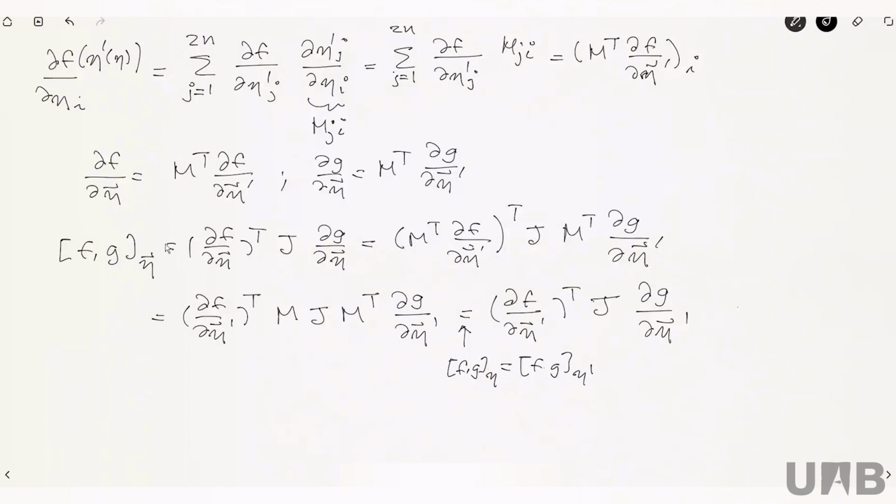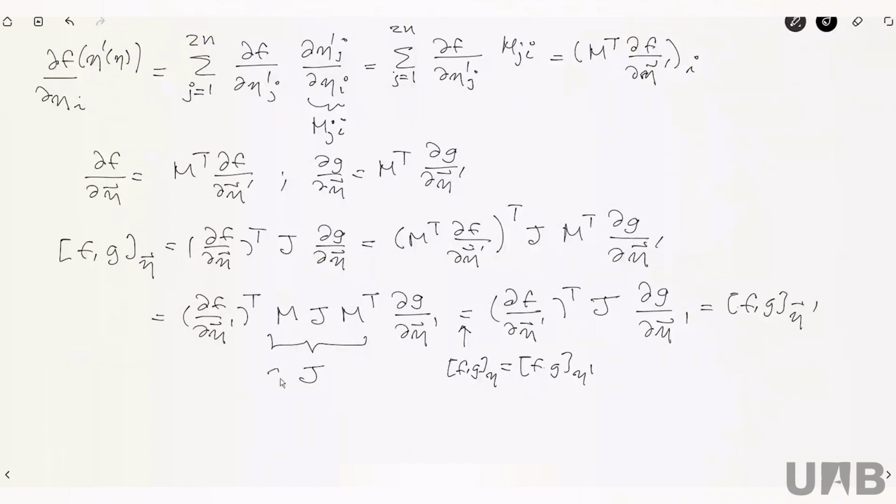Because then this would have to be this, and this is precisely the bracket with respect to eta prime. Now, if this thing here is J, okay, then this is true. If this is J, this equals that, and then it's the same. So that means that if the transformation is canonical, then the Poisson bracket is the same in the old as in the new variables.